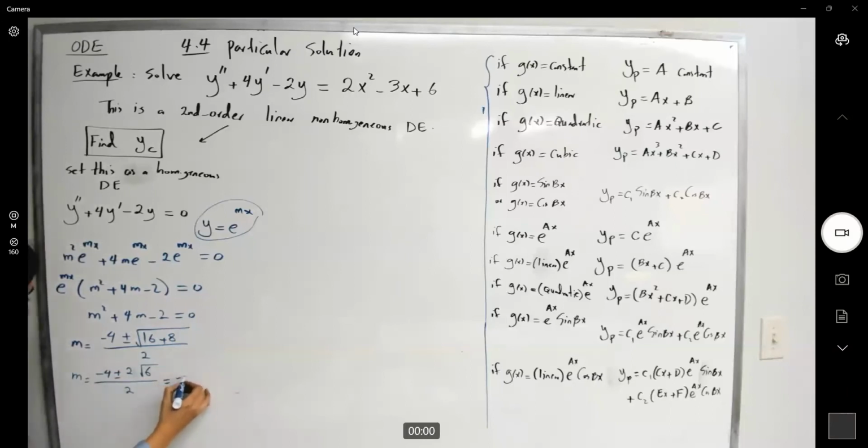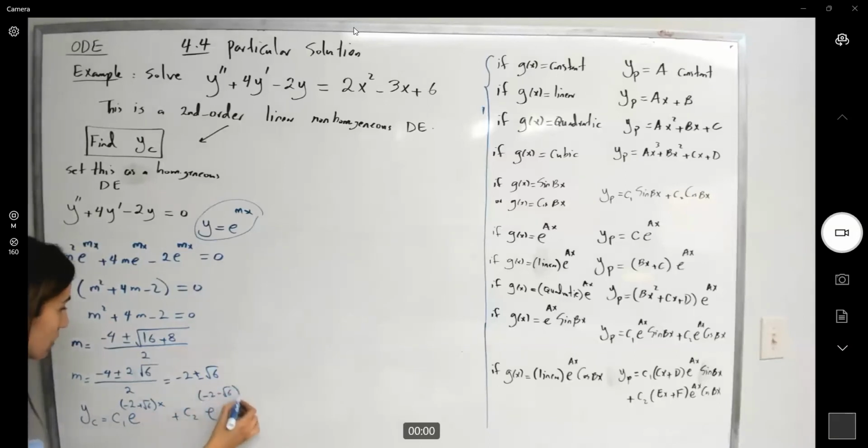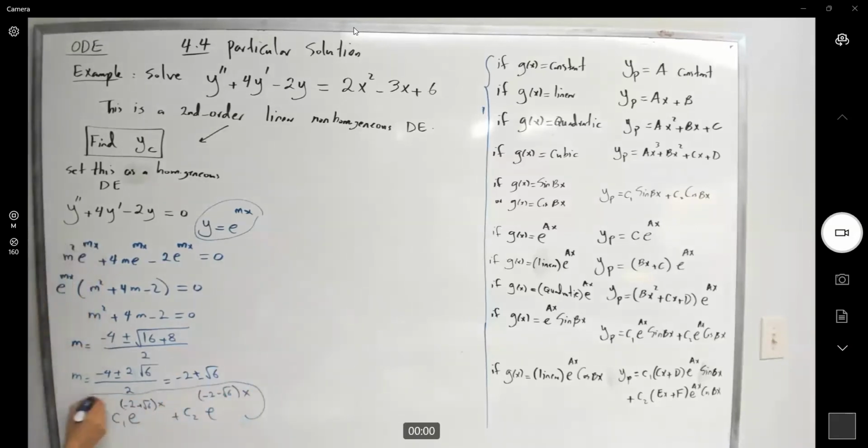So m becomes negative 2 plus or minus square root of 6. As you can see, you have two distinct solutions. y sub c is equal to c1 e to the negative 2 plus square root of 6 times x, plus c2 e to the negative 2 minus square root of 6 times x. So we found the complementary solution for the homogeneous differential equation.